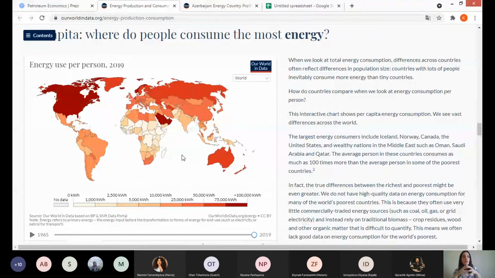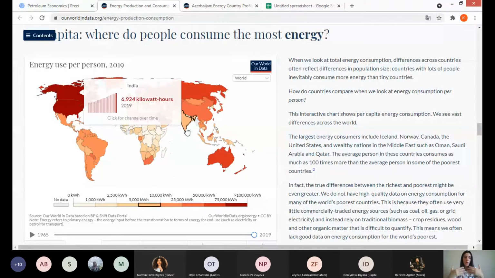And these poor people cannot afford to consume oil, gas, or other fossil fuels. They mainly use traditional ways like wood, forest wood, or other organic matter. But unfortunately, these energies are not quantified exactly.